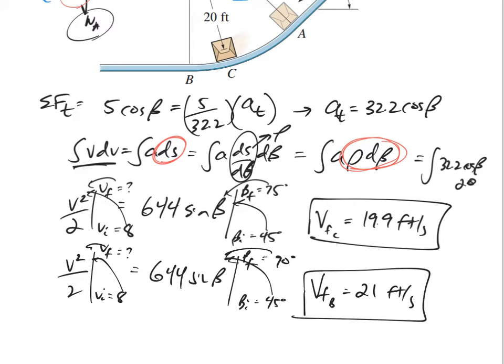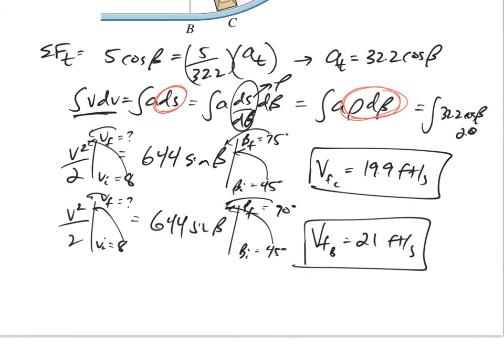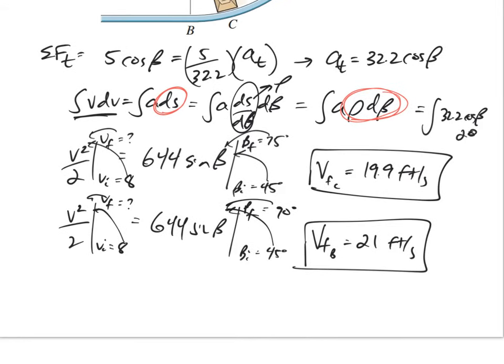It also said to find the normal force on the package at C. So let me draw the free body diagram at C. At C, this free body diagram would have N right here and the weight right here.